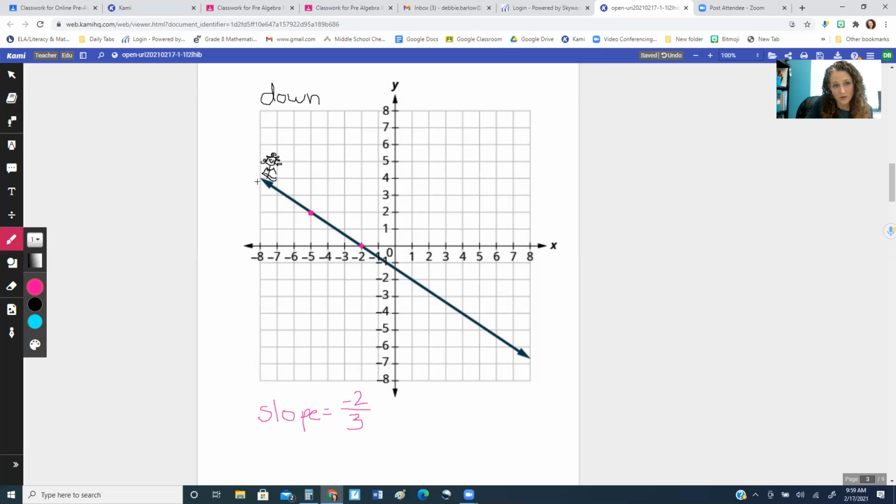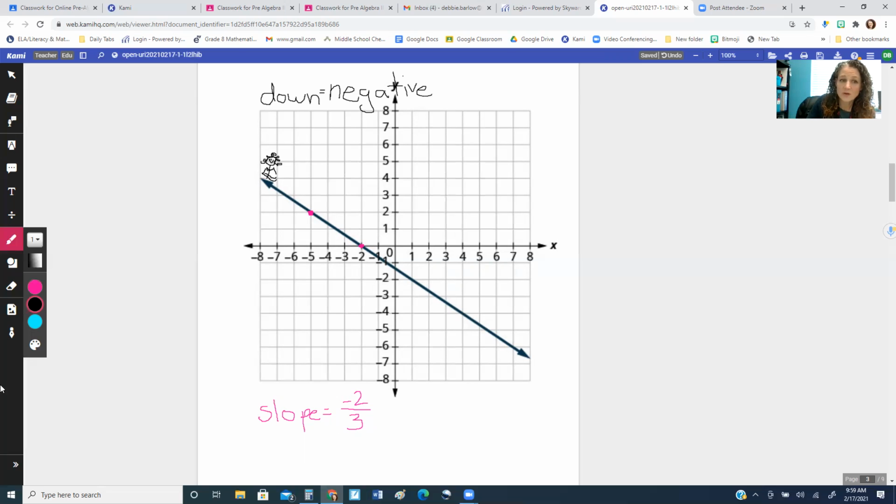And guess what? When we have Mrs. Barlow skiing down the hill, a down means it's a negative slope. Okay. And what a negative slope means is that the slope is going to be a negative number. Your rise over run is going to be negative.